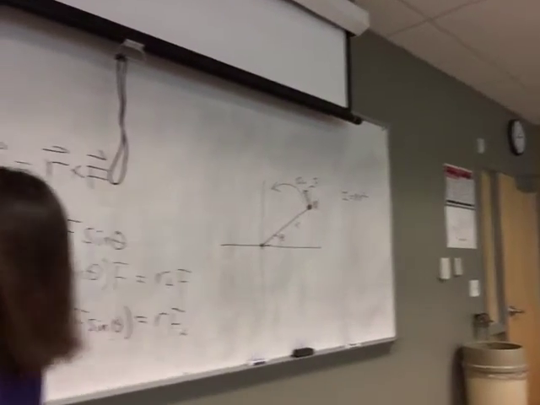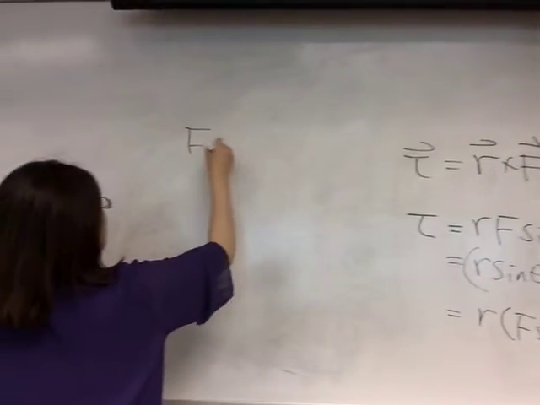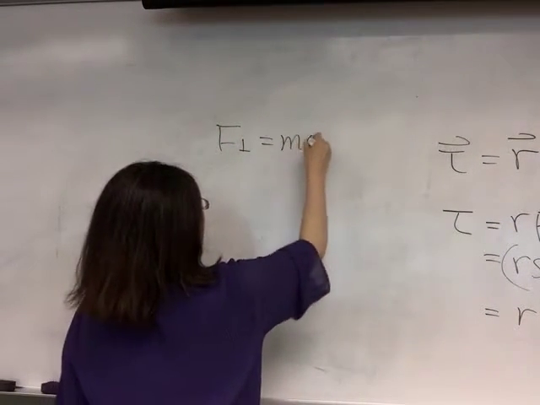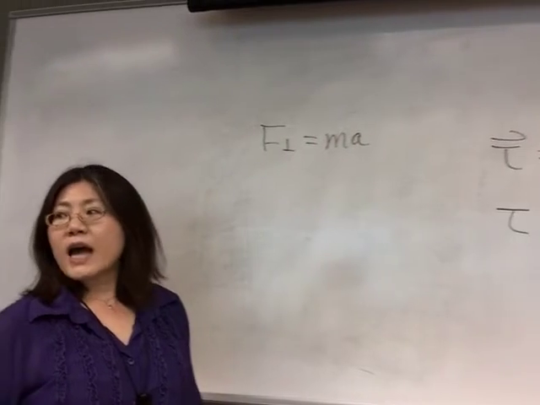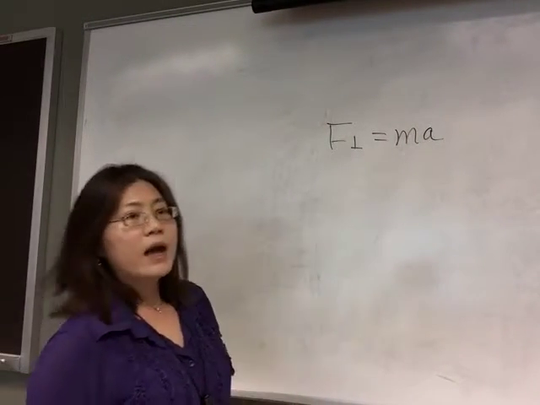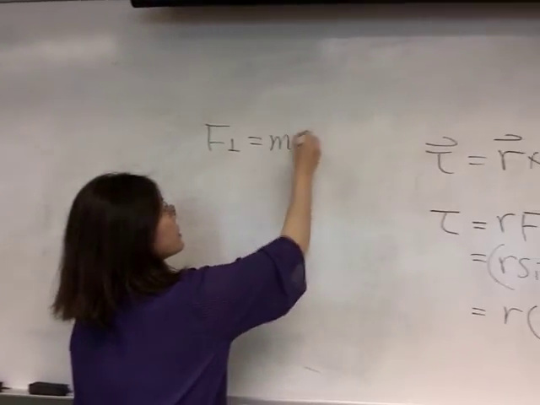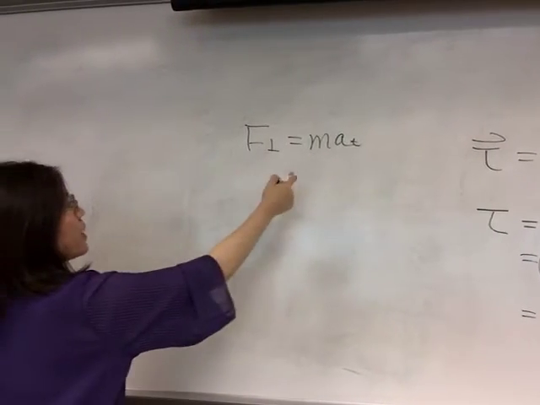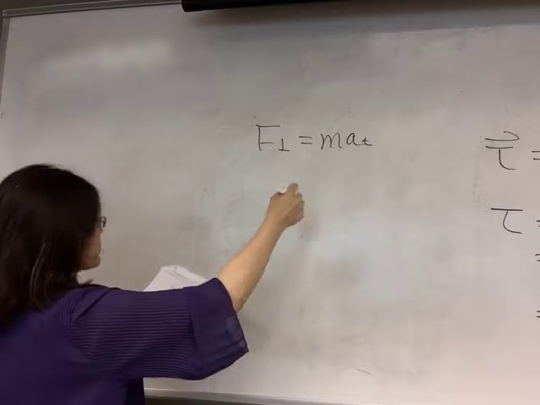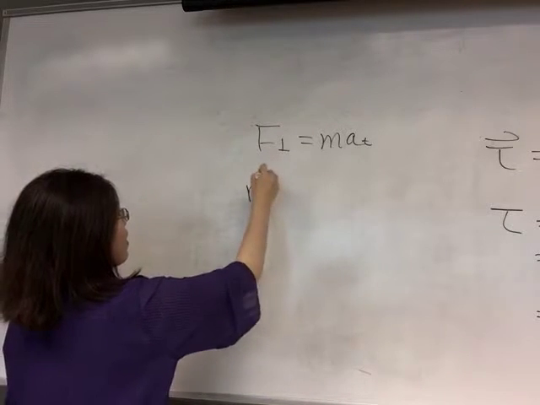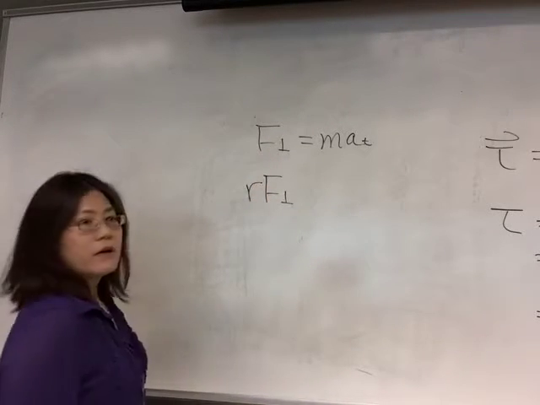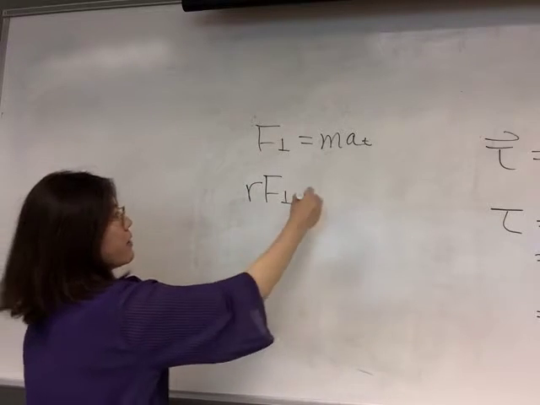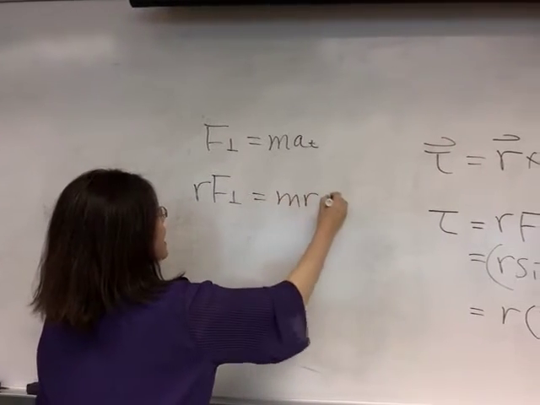In other words, the tangential part of the force is going to produce acceleration on that particle of mass m, and this is, of course, a tangential acceleration. So that force, if we multiply by r on both sides, we have r times F, equal to m times r times a.